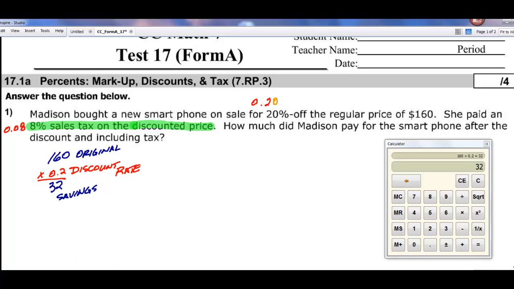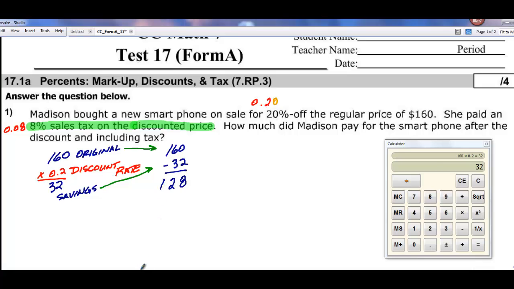All right, our next step needs to be to take the $160 and subtract the 32. So we bring over the original price, we bring up the savings, and we do that subtraction. So 0 take away 2, that's an 8. We'd have to borrow from the 6, so it's a 5 now. 5 minus 3 is 2.